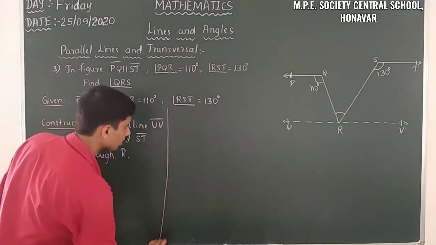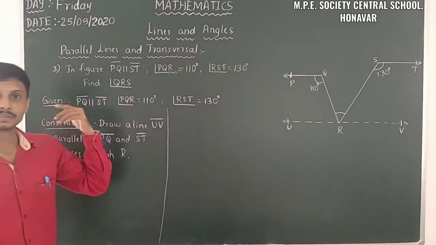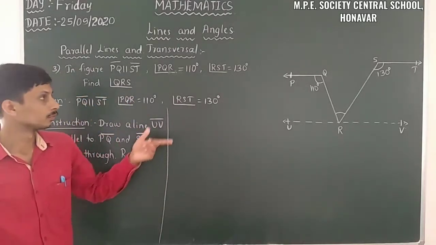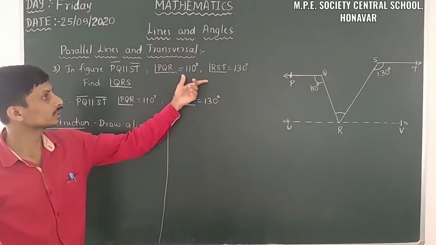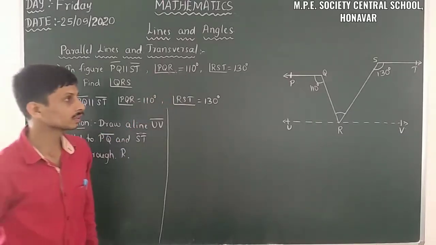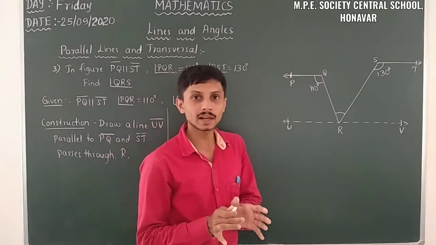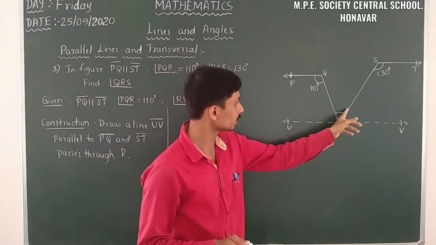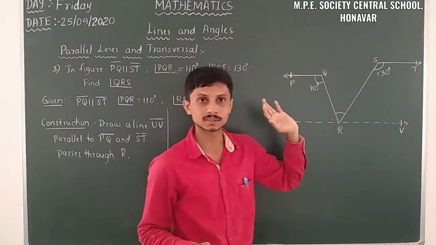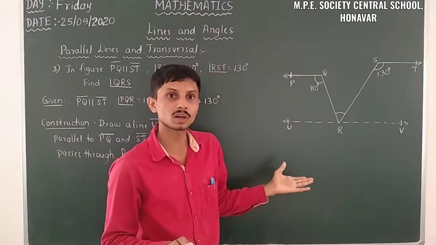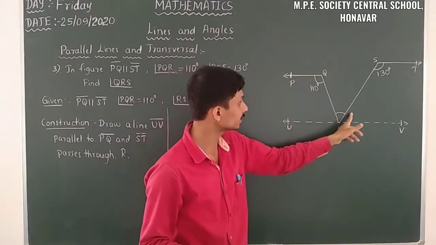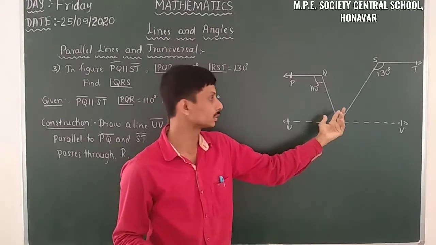So we have to find the unknown values. We have angle PQR equal to 110 degrees, angle RST equal to 130 degrees. Here, just observe, we have to find QRS. How can we find out QRS? When this angle and this angle are given, we can find out this angle.